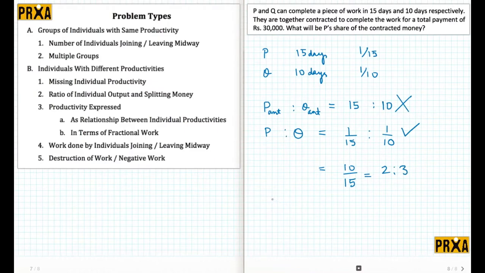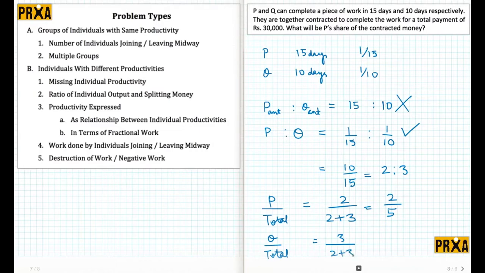So the amount of work that P does out of the total is 2 upon 2 plus 3. So P has done 2/5 of the total work, and likewise Q has done 3 upon 2 plus 3, which is 3/5 of the total work.